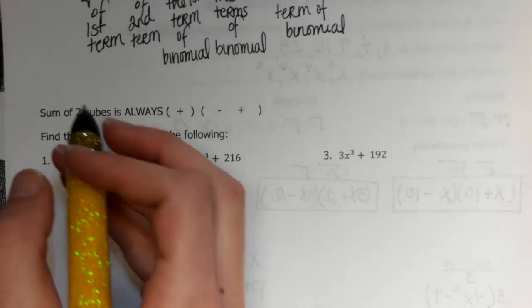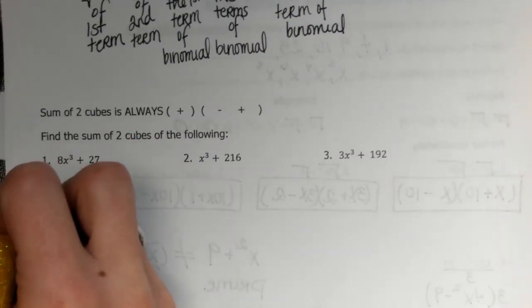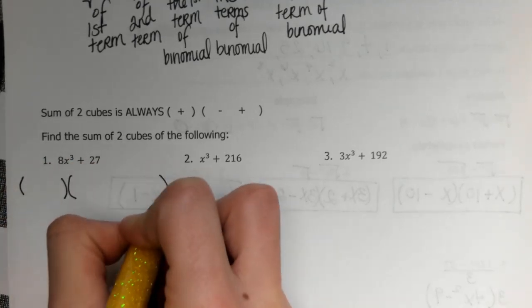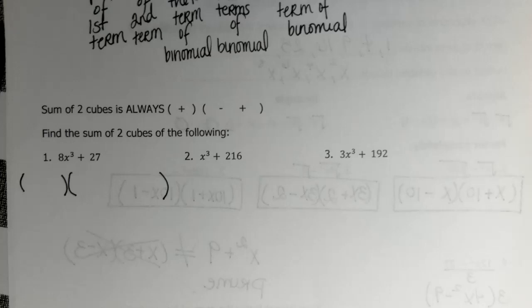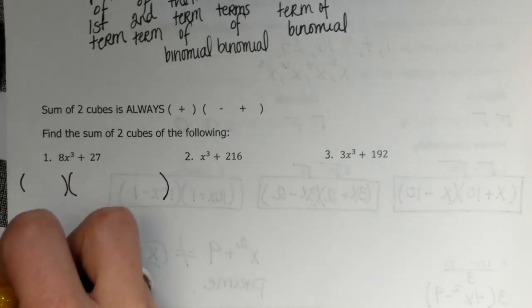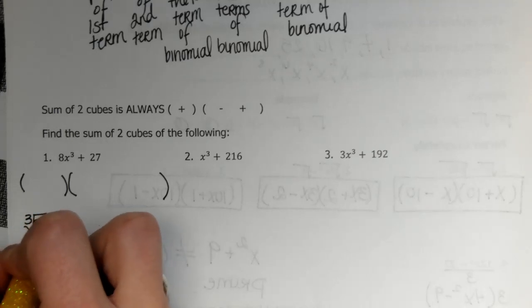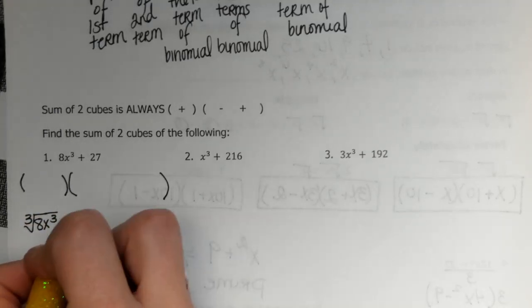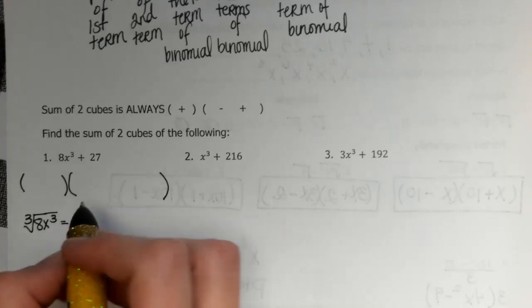Okay? So 8x cubed plus 27, I know that's the sum of two cubes. I know my factored form gives me a binomial times a trinomial. So I need to take the cube root of 8x cubed. That's my first term. Well, the cube root of 8 is 2. Cube root of x cubed is just x.